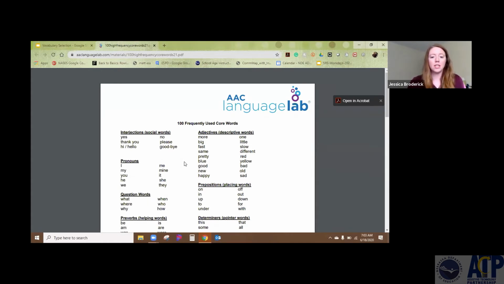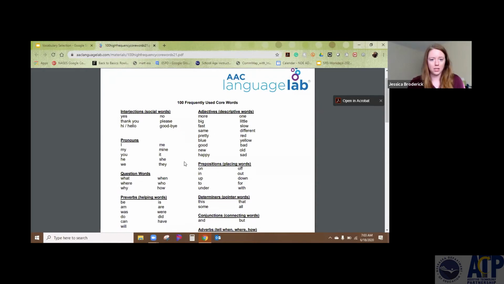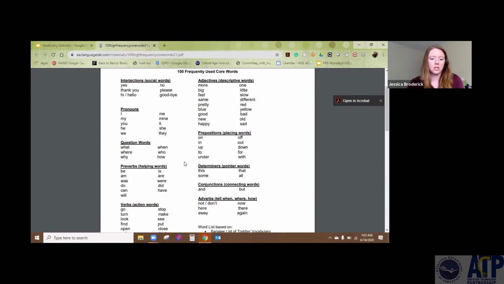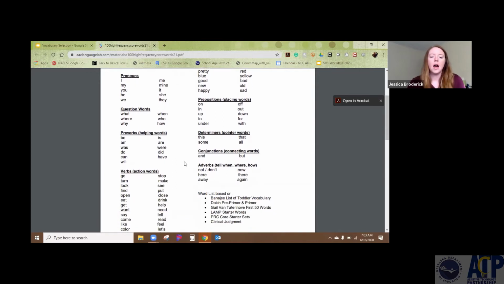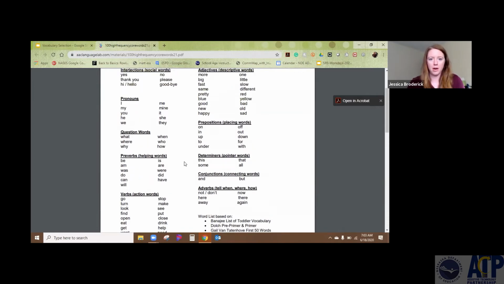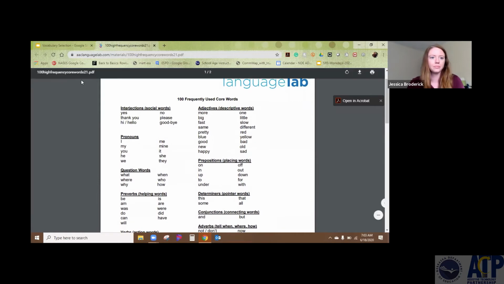So you can see that these come from all parts of speech. They're interjections, prepositions, helping verbs, adjectives, conjunctions, verbs, and all those kinds of things. So these are the kind of words that we're talking about when we are talking about core vocabulary.